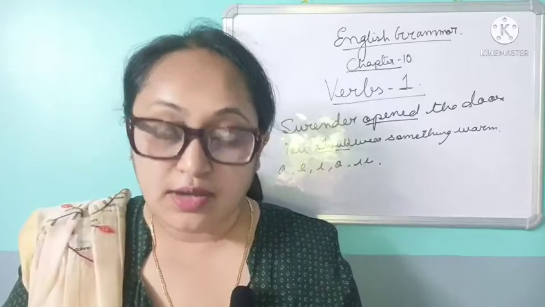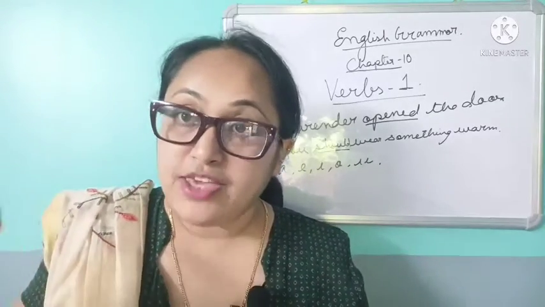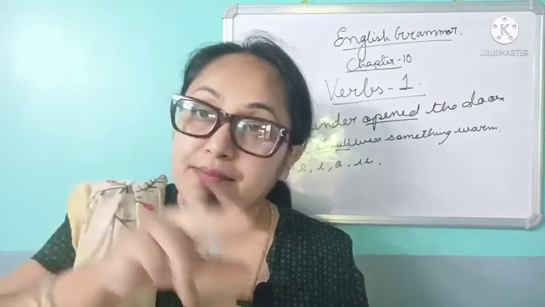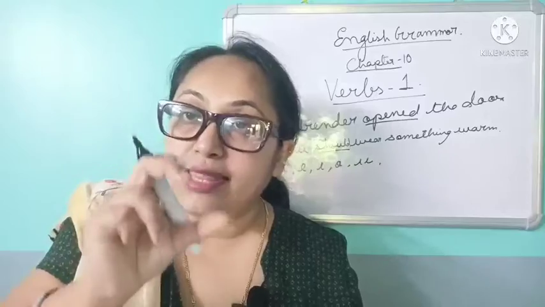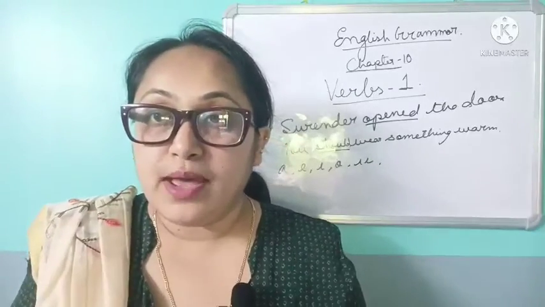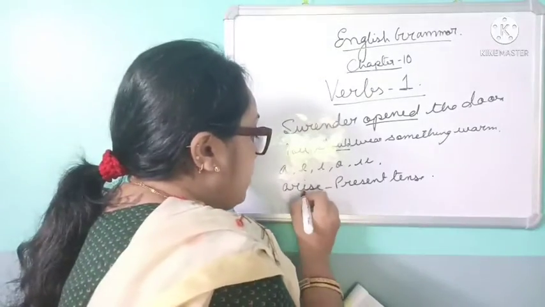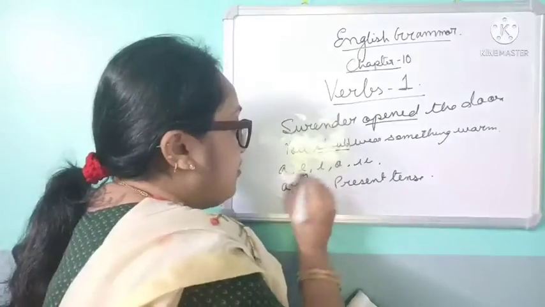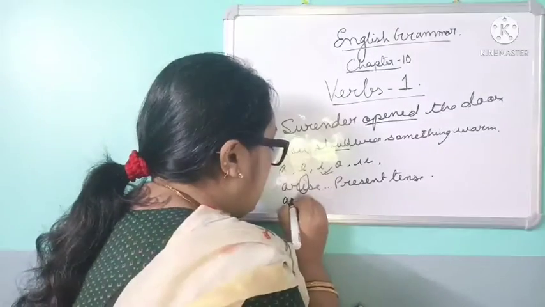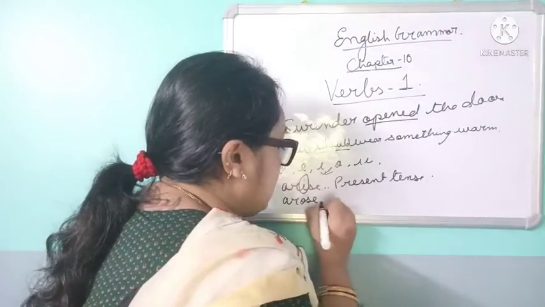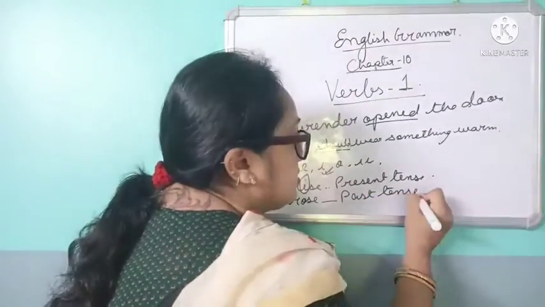What has been told here is that these verbs form the past tense usually by simply changing the vowel in the present tense. For example, arise. Here the vowel is I, so we change it and it becomes arose, which is the past tense.